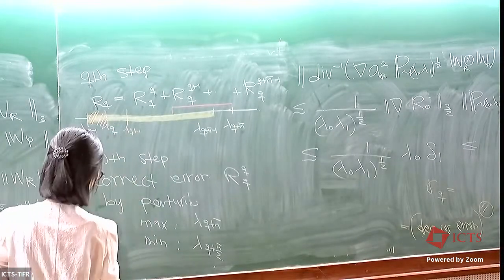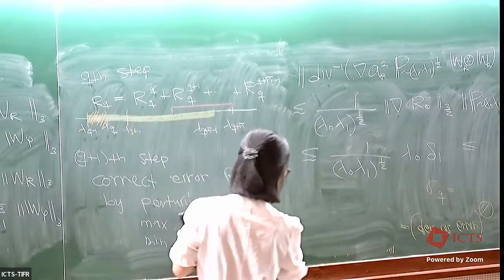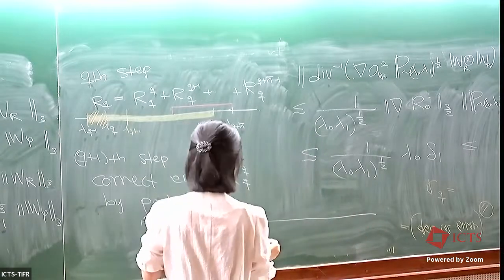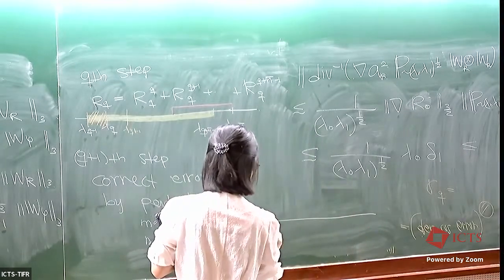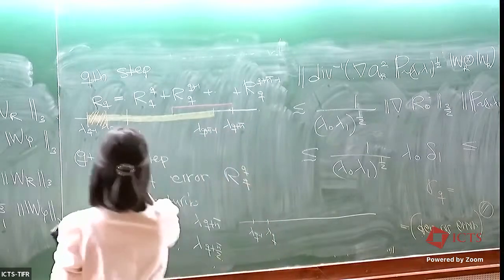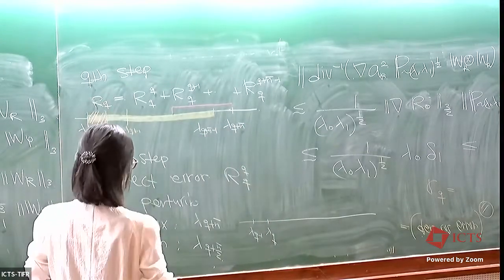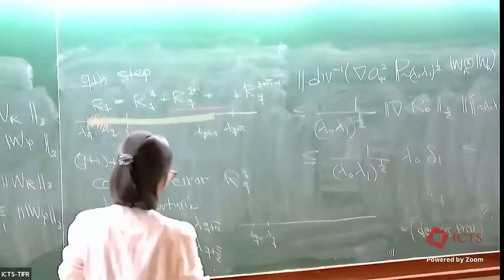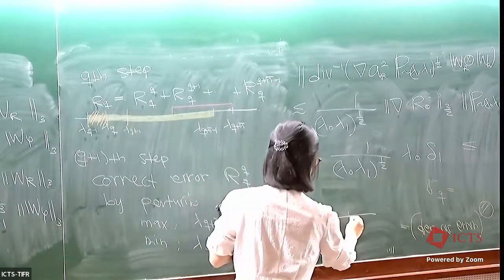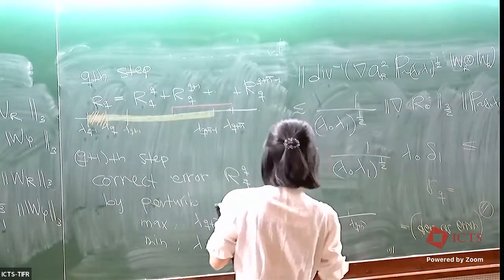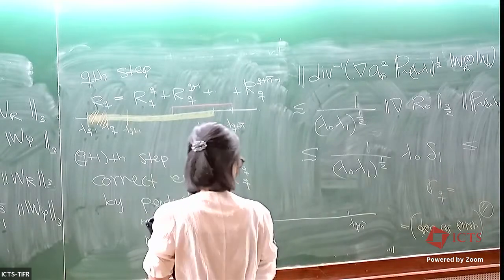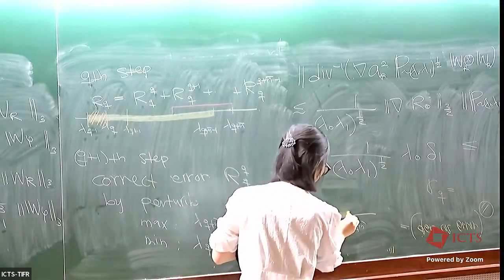So if I draw RQ plus 1, it looks like this, lambda Q plus 1, lambda Q. This error was removed by using this correction, and then the new error will have the following range of frequency.